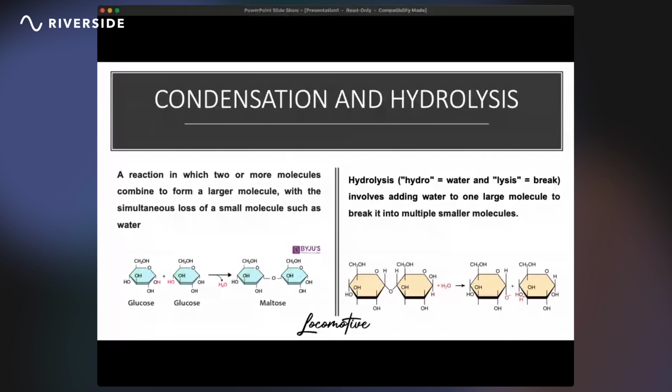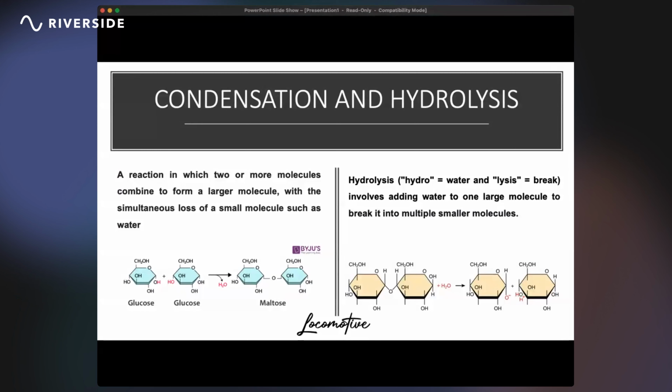But hydrolysis, the story is totally different. Hydrolysis involves adding water to one large molecule to break it into multiple smaller molecules. Now we have a large molecule. We add water molecules to that and we can see new products.